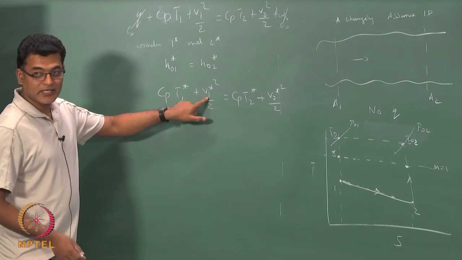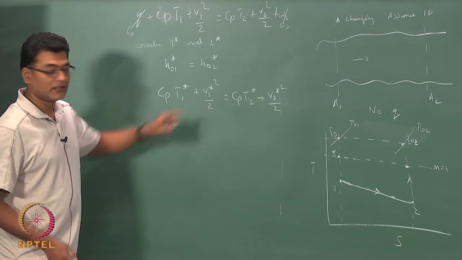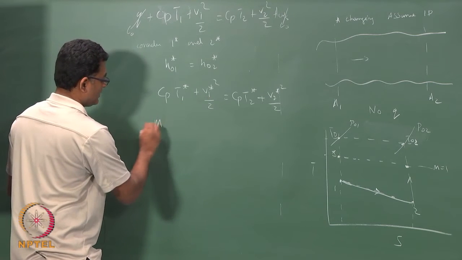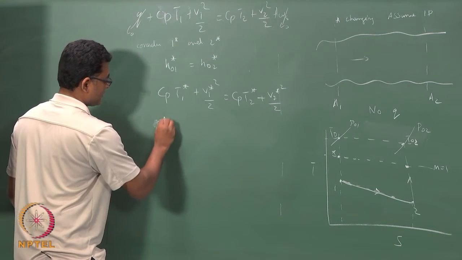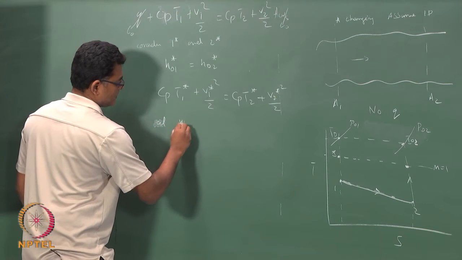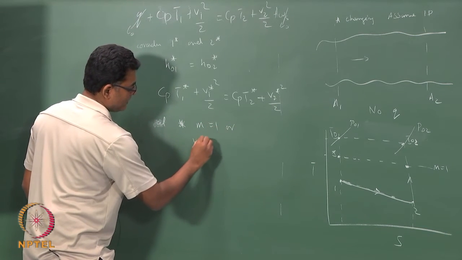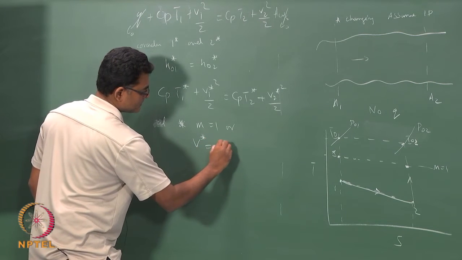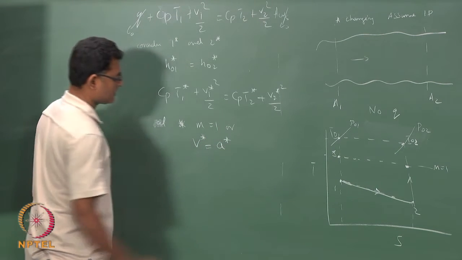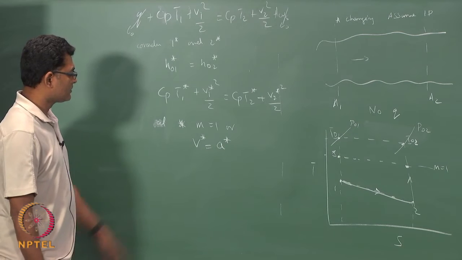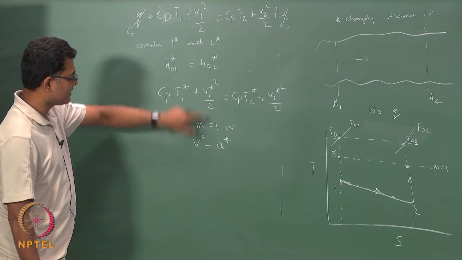Since it is a star quantity, at star my M equals 1, or my V star equals my A star. So, I can replace my V1 star with A1 star.